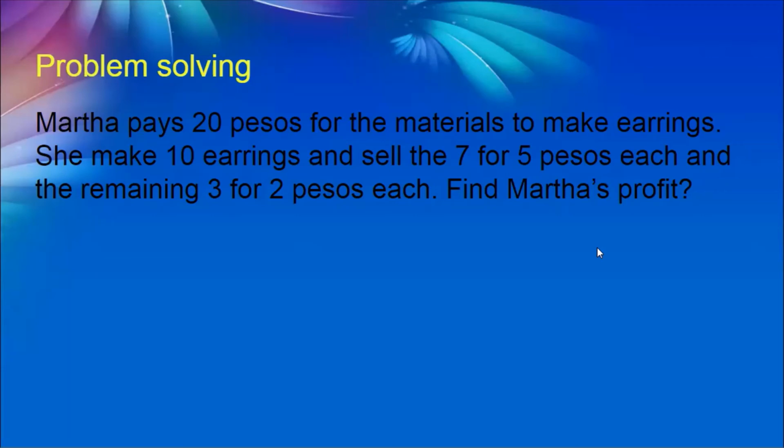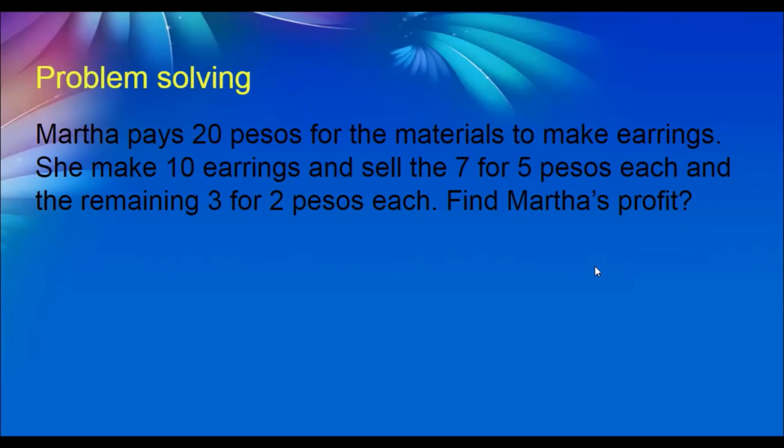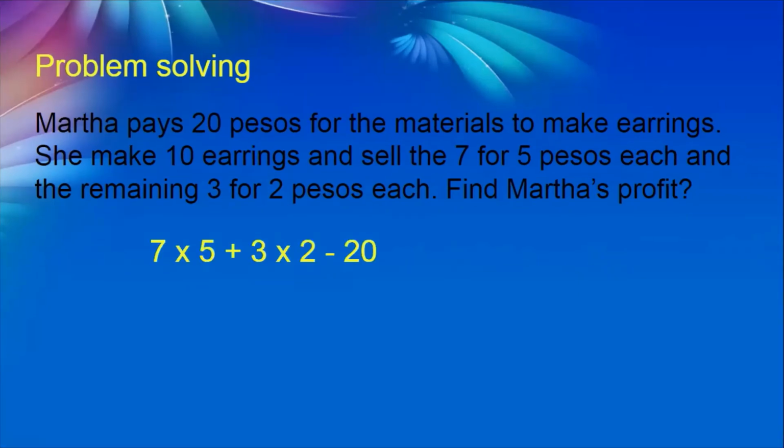Now let us analyze. Out of 20 pesos, Martha makes 10 earrings and sells the 7 for 5 pesos. So we have here 7 times 5. And the remaining 3 she sells for 2 pesos, so we have 3 times 2.